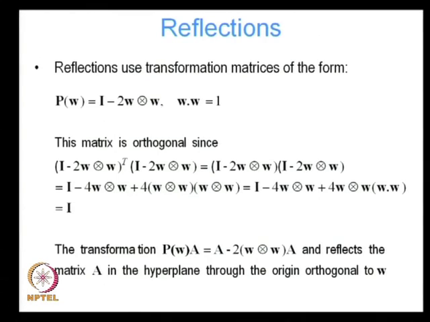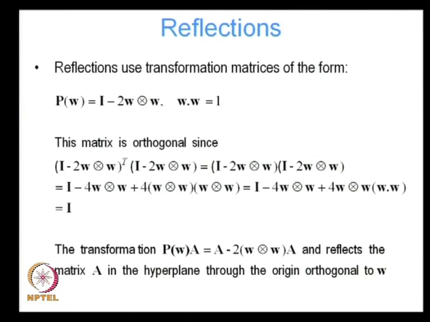So, we are saying that if we construct P to be I minus 2 W tensor product W, or if we forget tensor, we say outer product, I minus 2 W outer product W, with the condition that W is a vector of unit norm, that is W dotted with W is equal to 1, then this matrix is an orthogonal matrix.